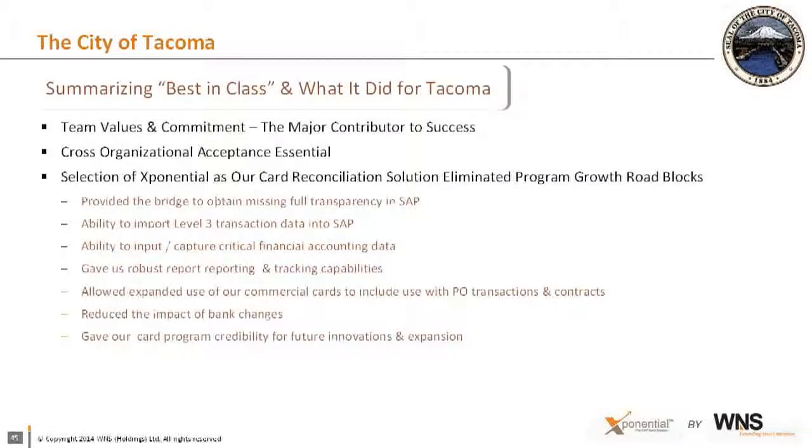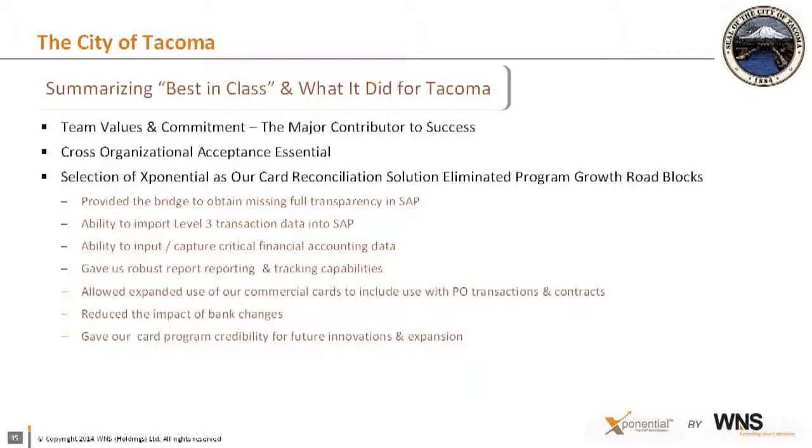Okay, summarizing the best in class, what did it do for us? Well, commitment by the project team members was exceptional. This helped to create acceptance throughout our organization because of the constant communication. It gave our program additional credibility so we could get future strategies accepted.